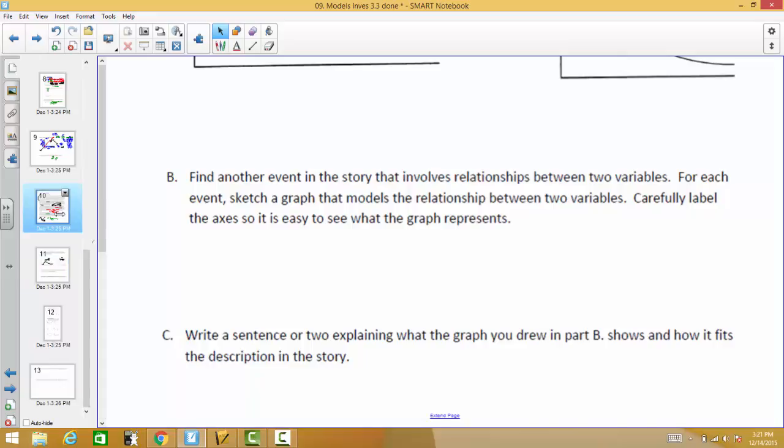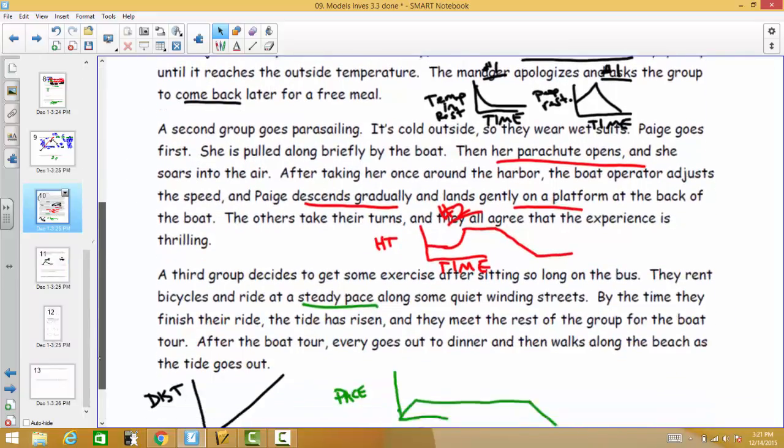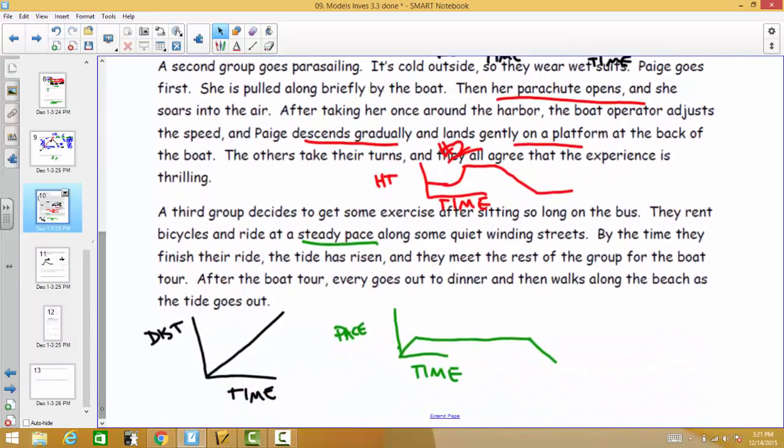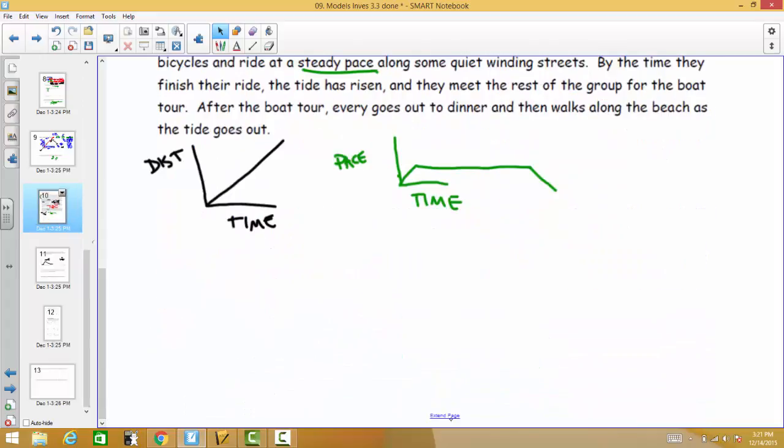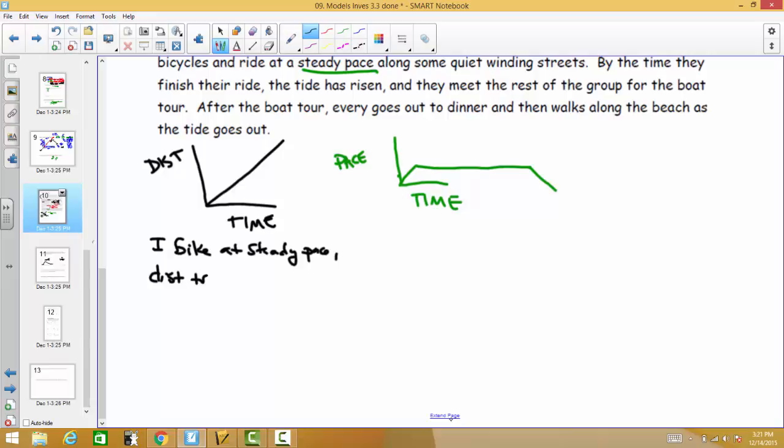So I'm going to just go back to this and explain it. We have 2 different things to explain. So the first one is if biking at steady pace, distance traveled increases at a steady pace.